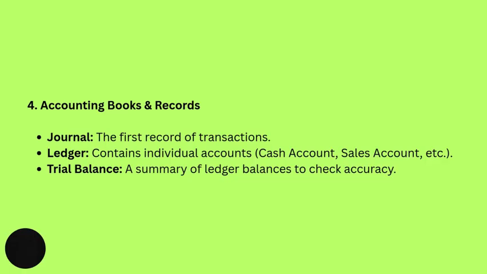This is a summary of all ledger balances and it's used to check for accuracy. If everything adds up, we can confidently move forward in our accounting process. These three tools are foundational in ensuring proper financial management.